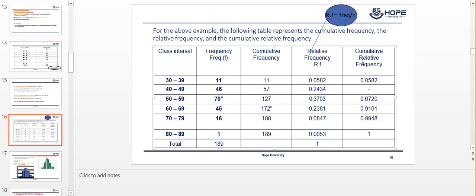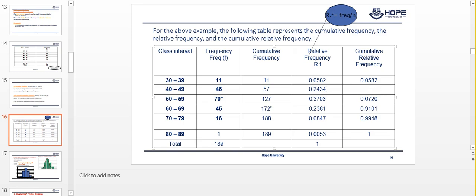You can calculate it. In the cumulative relative frequency, we add the relative frequencies. For example, in the first row we write the same as the first row of relative frequency, but in the second row we add this one. So I add 0.0582 plus 0.2434, which should be 0.3.